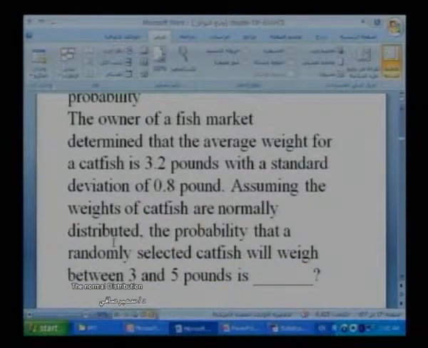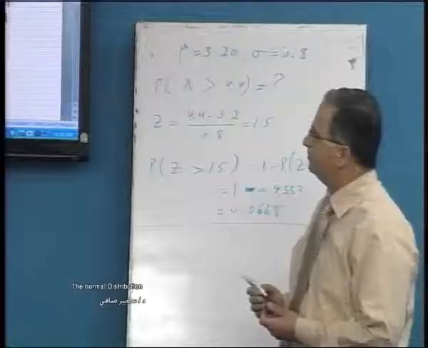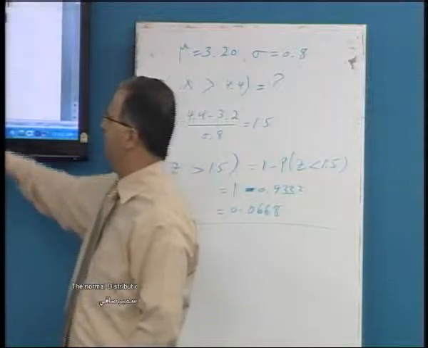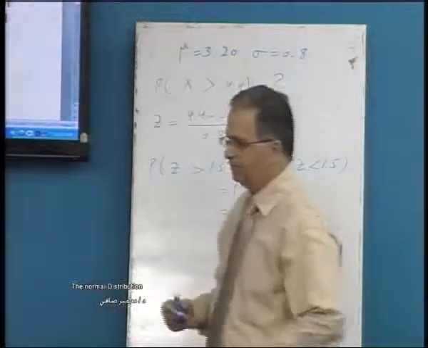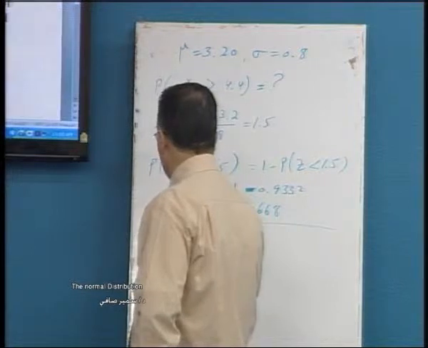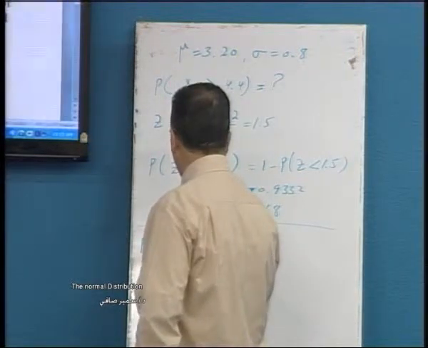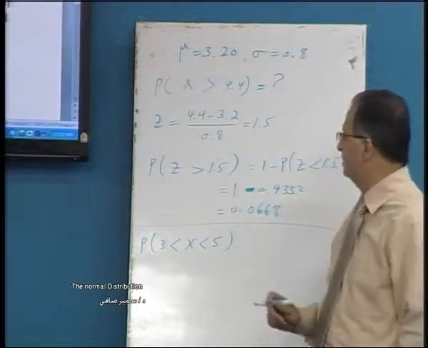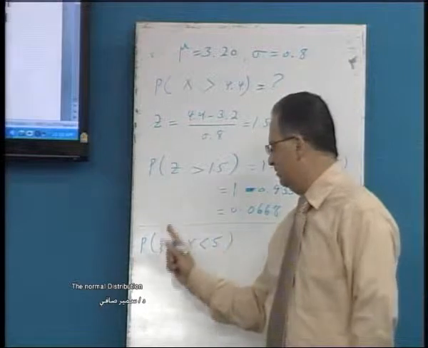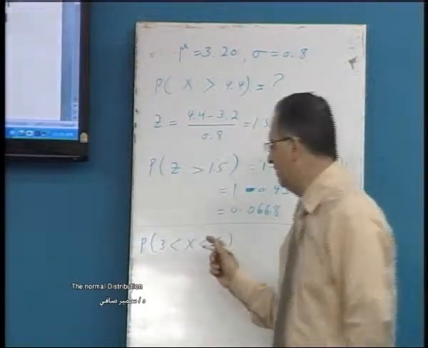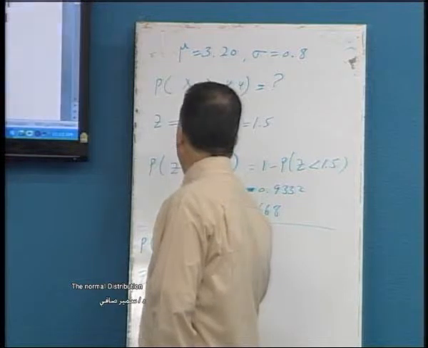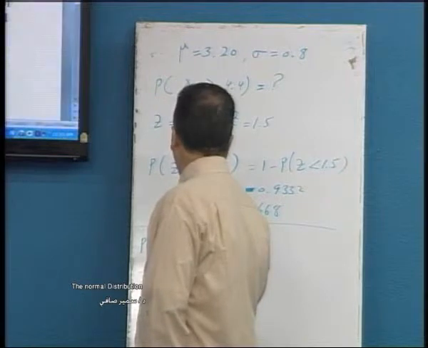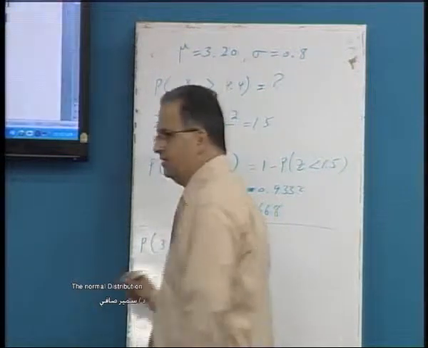Now for the same question, what's the probability that a randomly selected fish will weigh between 3 and 5 pounds? So first step we have to find the z score for 3 and 5. For 3 it is 3 minus 3.2 divided by 0.8, the first z-value.